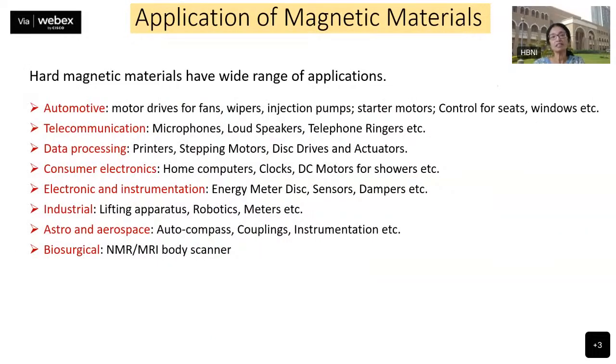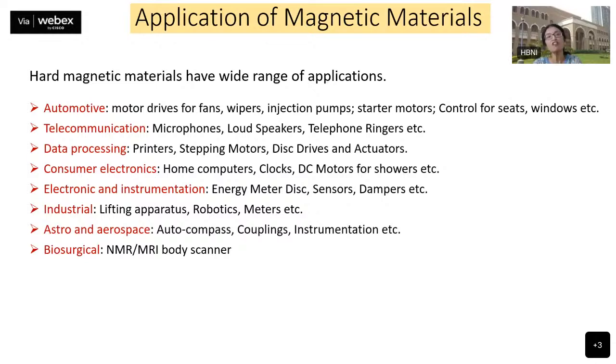So these hard magnetic materials have a very wide range of applications. In the automotive industry, they are used as motor drives for fans, wipers, injection pumps, starter motors, and control for seats and windows. In telecommunication, you have microphones, loudspeakers, and telephone ringers. They all have some permanent magnets attached to them.